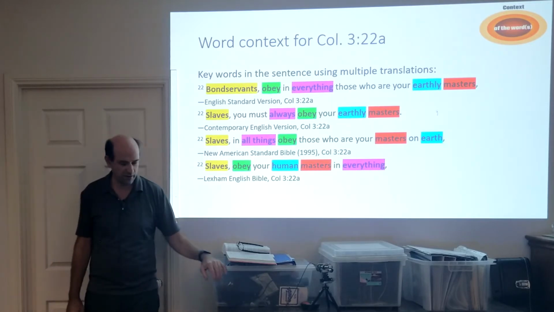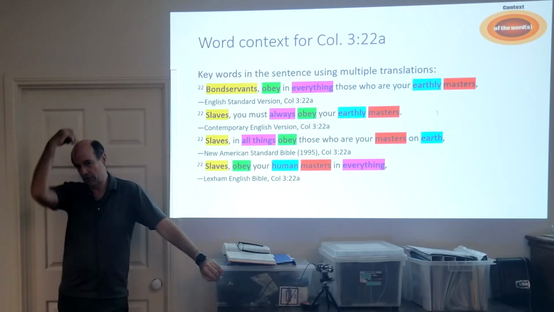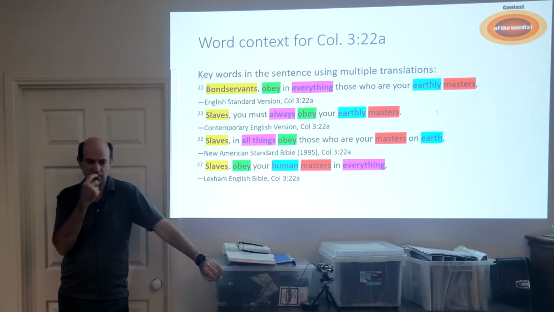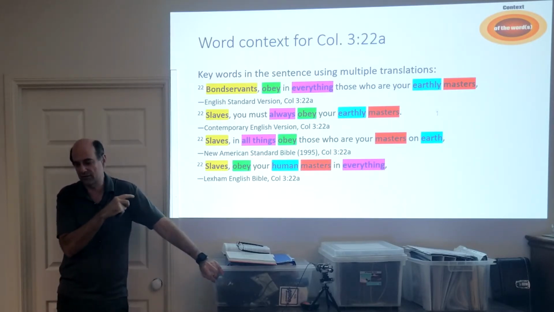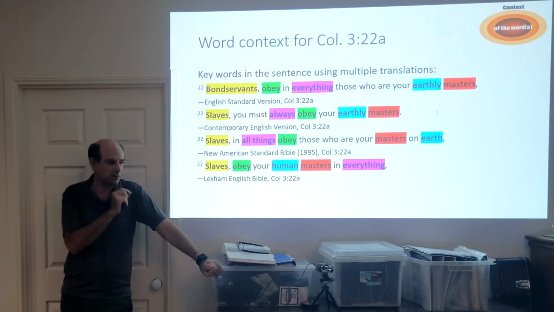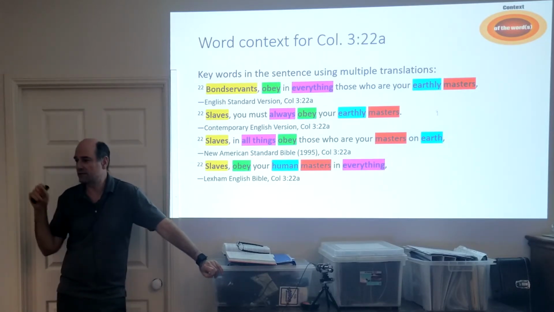And in this passage by itself, it's not entirely clear. So you have to ask the question: is Paul just talking about the structures of Roman society? But in other parallel passages, such as Ephesians, which is very, very parallel, Paul directly links the relationship between a husband and a wife to Christ and the church.